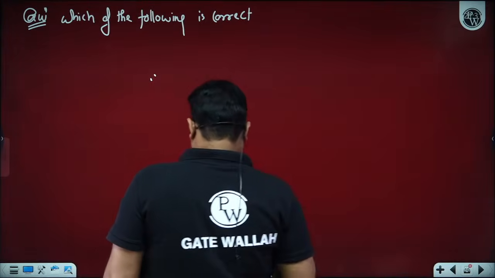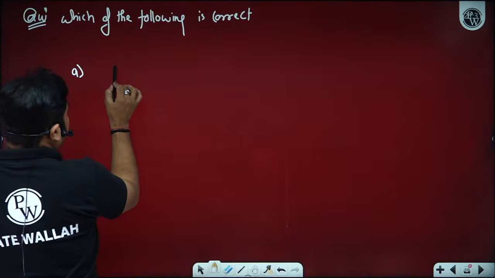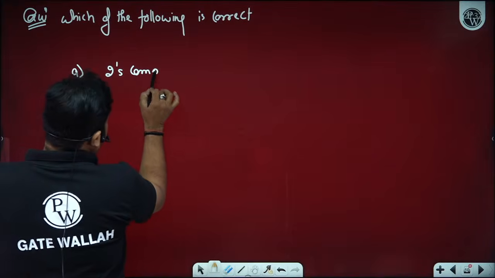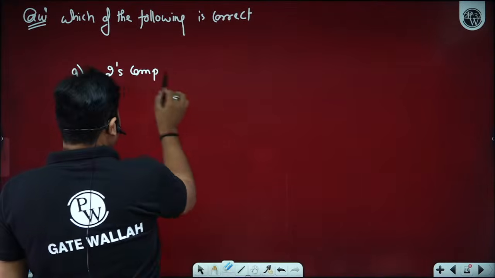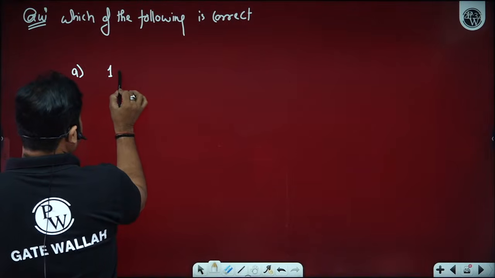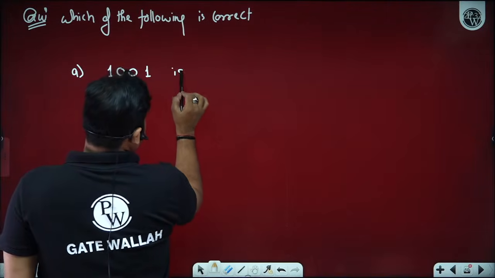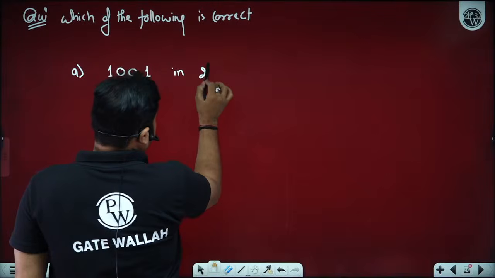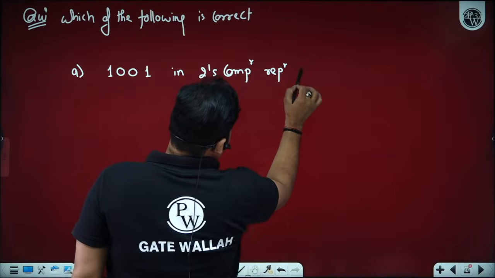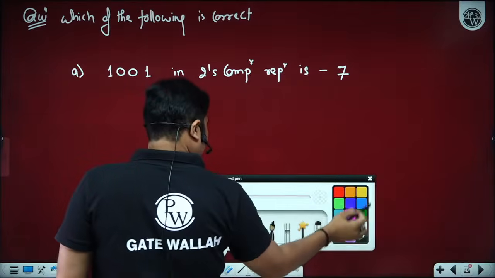Now please observe, beta ji. Option number A is 2's complement, one 0 0 1 in 2's complement representation is minus 7. Okay.